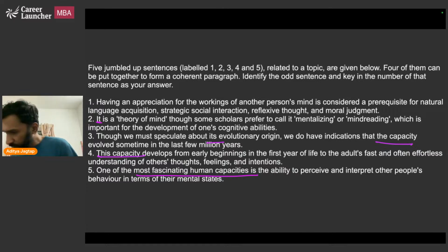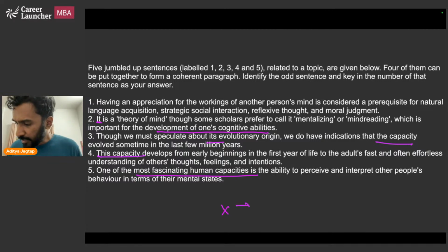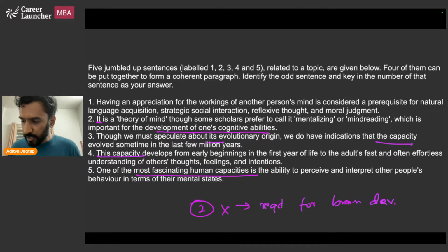And about it, we are being told it is important for the development of one's cognitive abilities. So, whatever X is, X is required for brain development, right? So sentence 2 is trying to answer that X is required for brain development.